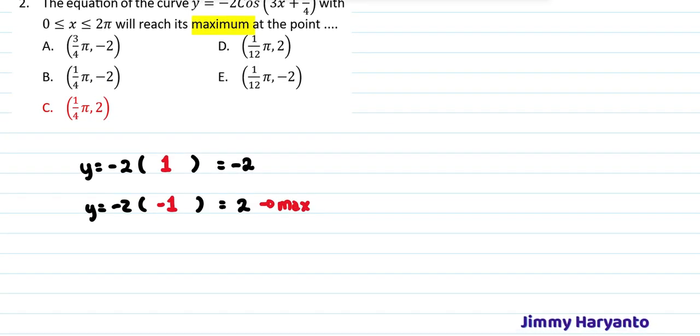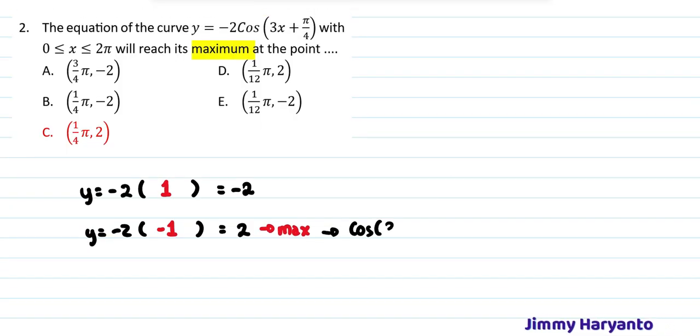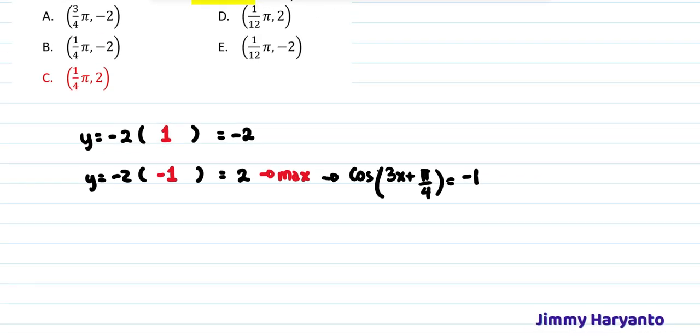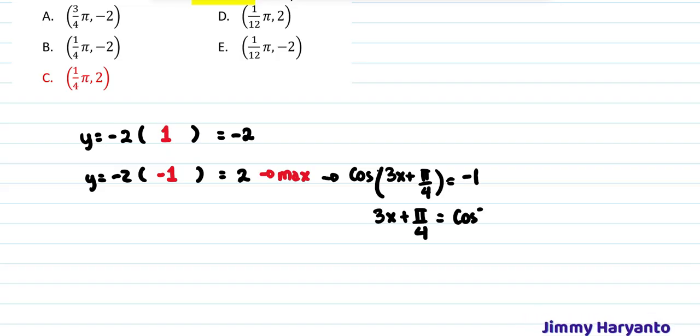And it happens when the value of the cos of 3x plus pi over 4 is equal to -1. So you will write it like this to find the value of x. And then I will find the angle. To find the angle, you have to move the cos to the other side. It will become cos inverse. Cos inverse means find an angle that gives the result of cos equals to -1.